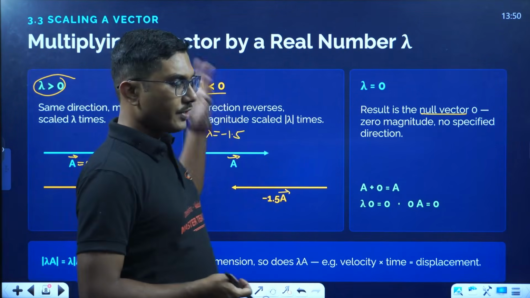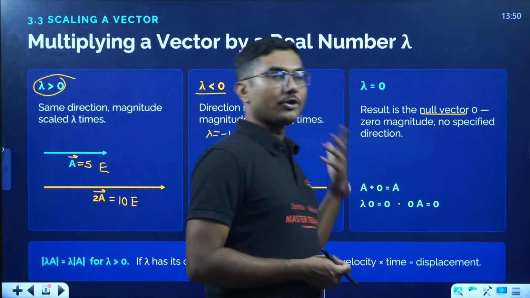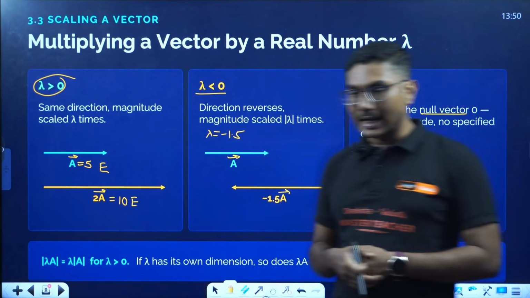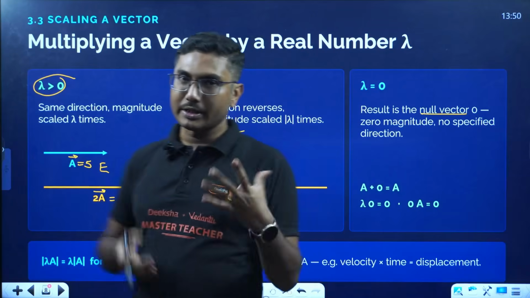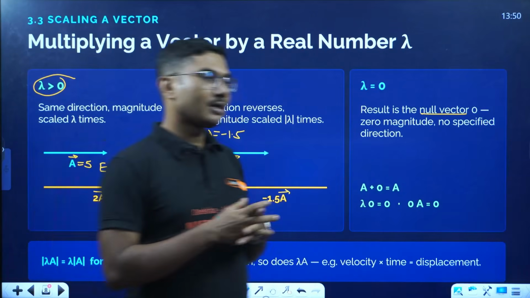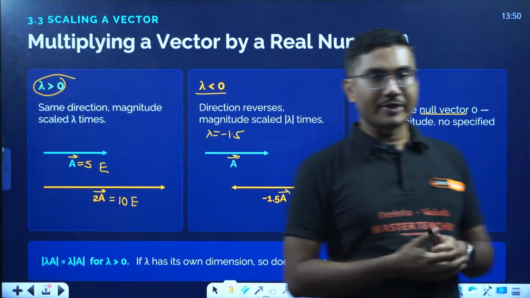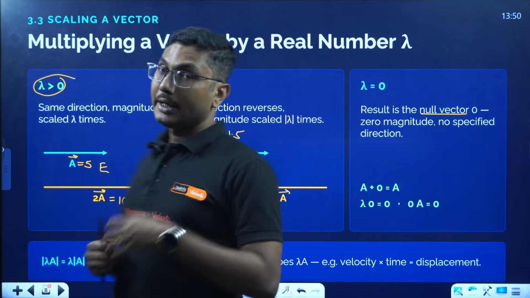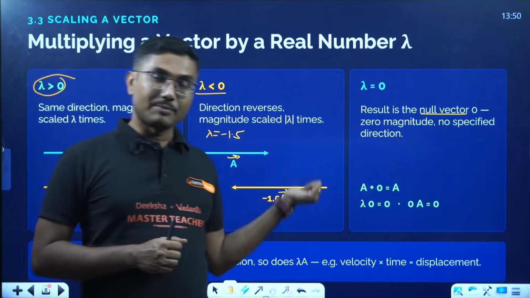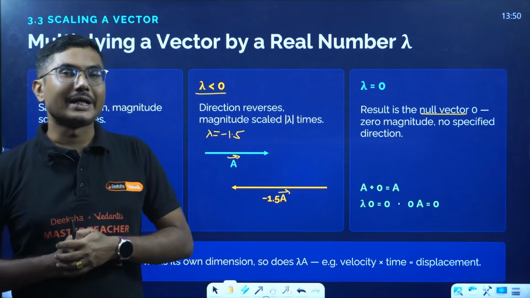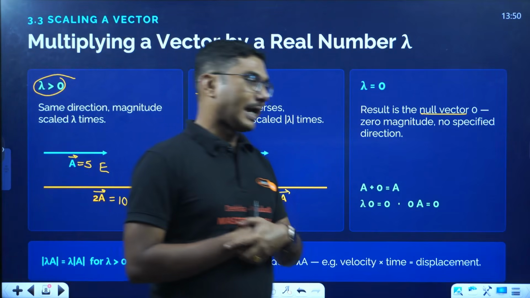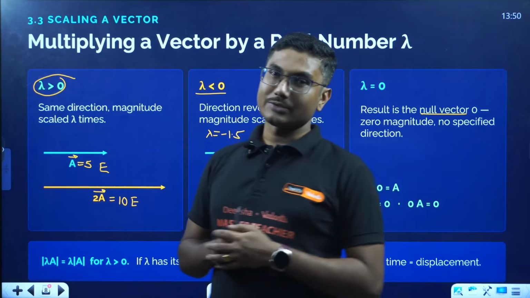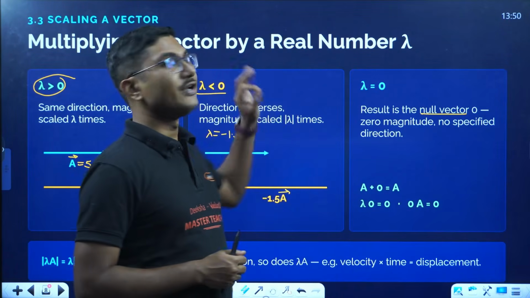But if in addition, subtraction or multiplication the final result is 0, you cannot say that it is not a vector, because at least one of the quantities which are merging is a vector, but the multiplier can be 0. Because of that, we are getting a 0 answer. That means the final answer has to be a vector quantity, and that's why there is a concept of null vector.